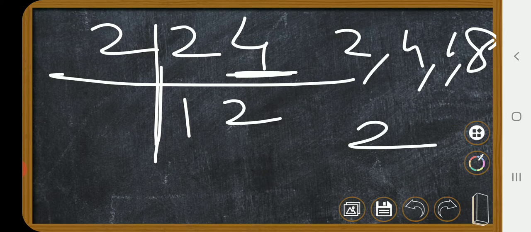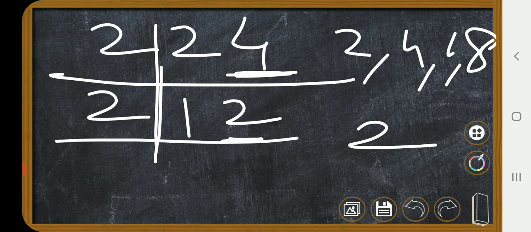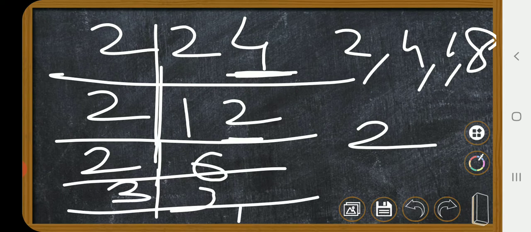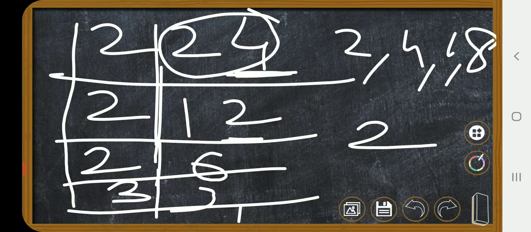Now 12 can be divided by 2, 2 sixes are 12. Now 6 is in the table of 2, so you write 2, 2 threes are 6. Now 3 is a prime number, so it is divisible only by itself, 3 ones are 3. Once you get 1 as a quotient, you stop the division. These numbers are all the prime factors of 24.